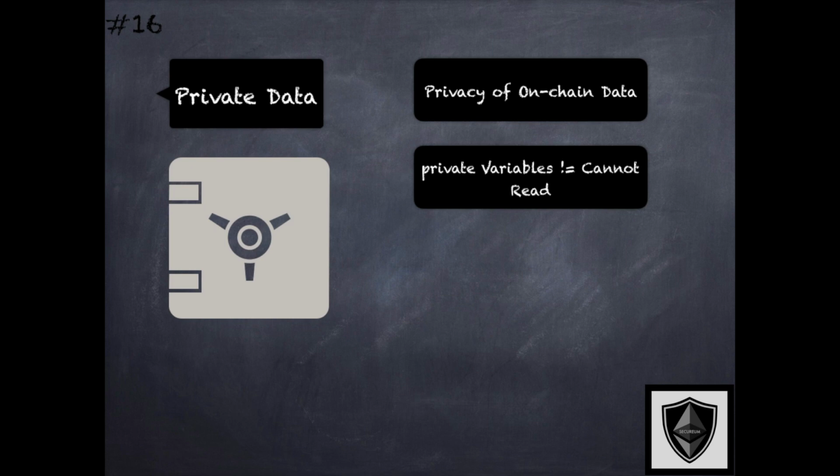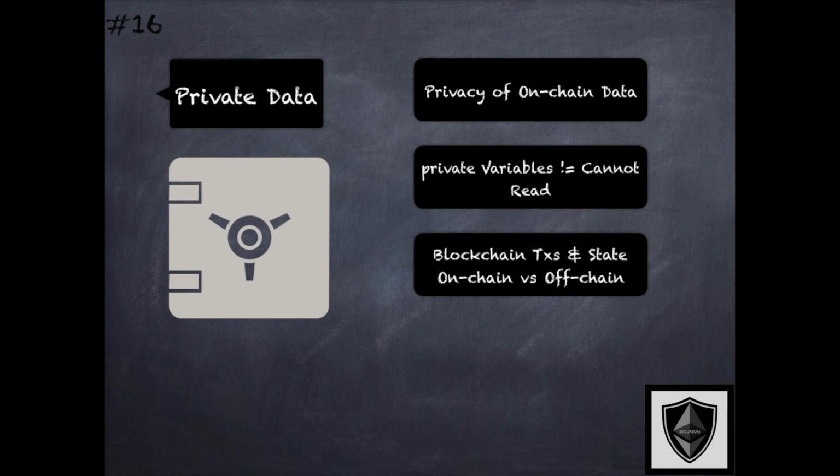This does not mean that they cannot be read at all and that they are considered private from a confidentiality perspective, because the state of such variables and contracts and transactions in general on the blockchain can be read by anyone on the chain itself or via off-chain interfaces by querying the mempools for transactions or by querying the contract state itself to look at what values such private variables contain.